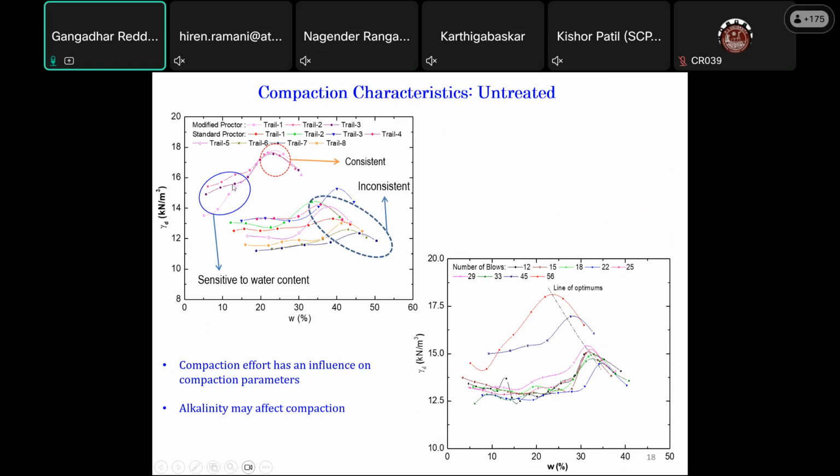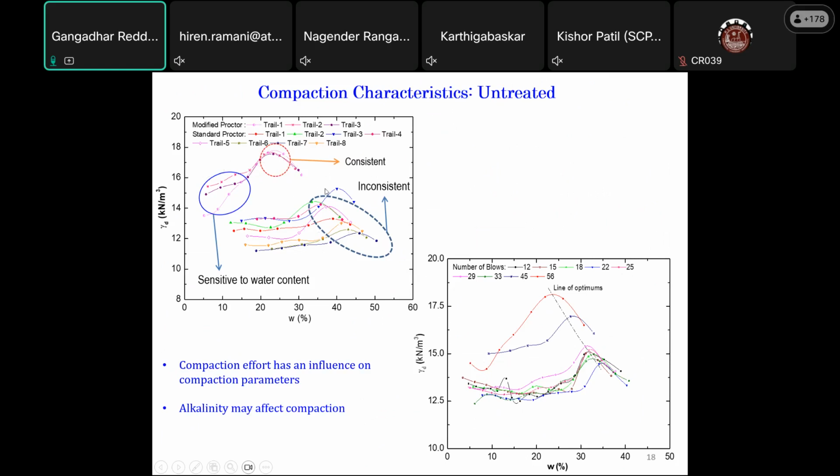After that, I conducted modified Proctor tests to see whether the application of energy had any effect, but interestingly I found that all the OMC values are approximately in a similar range, and the maximum dry density is also in a similar range.